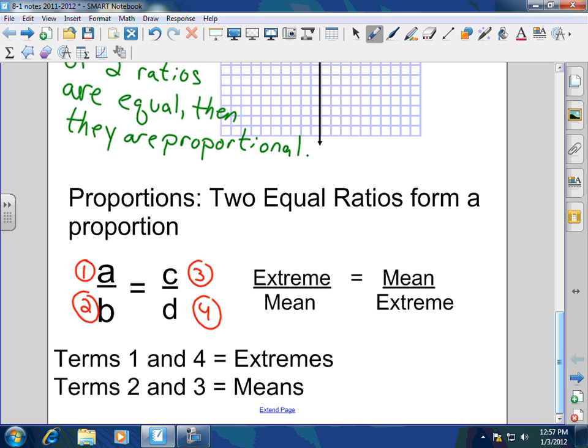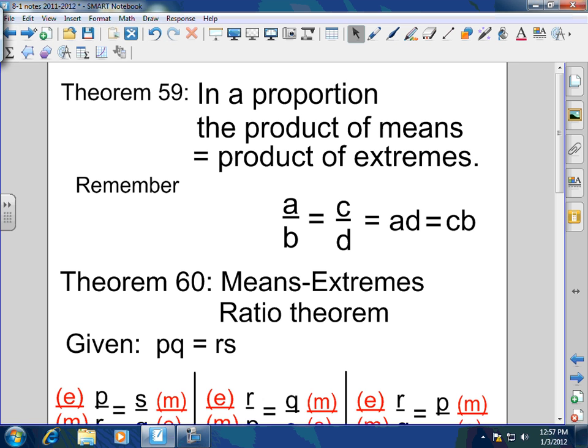All right? And now we're going to learn some theorems. So let's first take the simplest theorem, the definition of a proportion. Theorem 59: in a proportion, the product of means equals the product of extremes. Remember that extreme over mean equals mean over extreme.